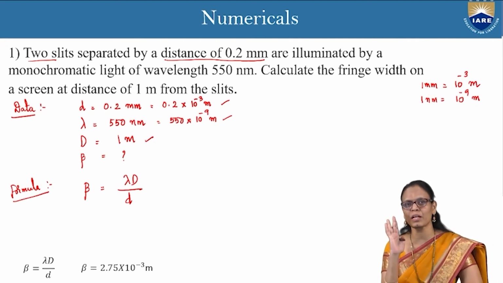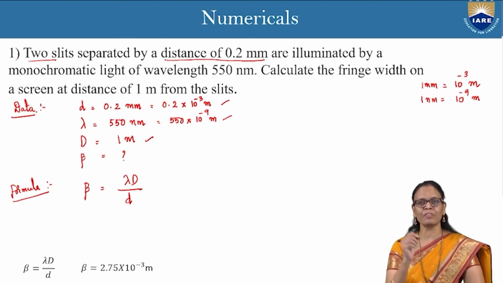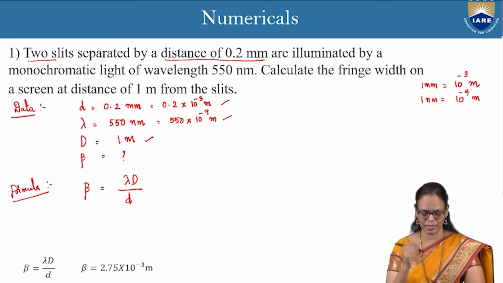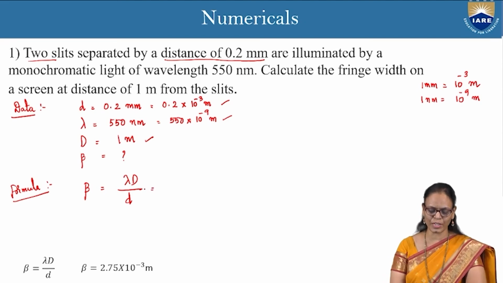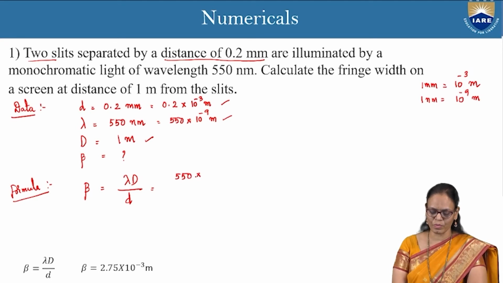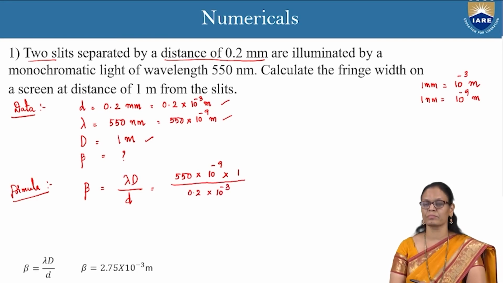We always do the numerical in 4 steps. First, identify the data given, what we have to find, and use the appropriate formula. Then substitute, simplify, get the answer and express it along with the units. So when we substitute, for lambda 550 into 10 power minus 9, into capital D which is 1 meter, divided by small d which is 0.2 into 10 power minus 3.